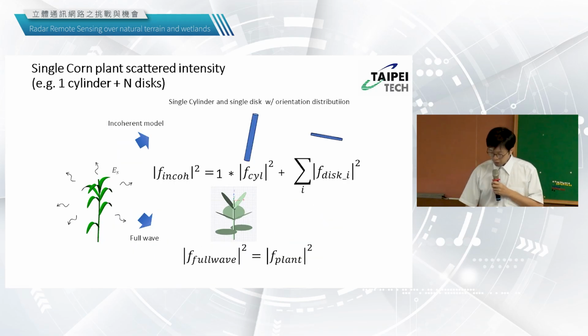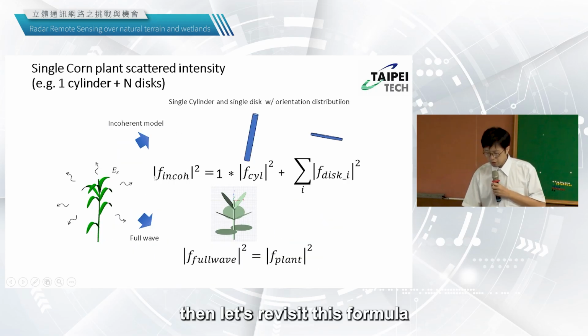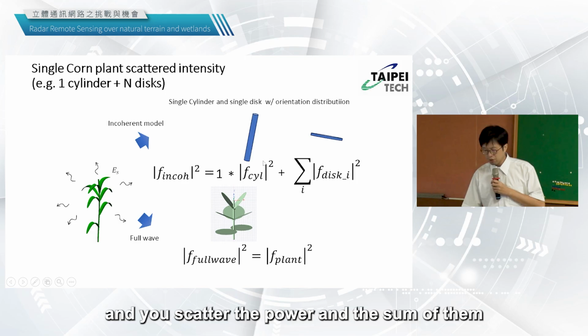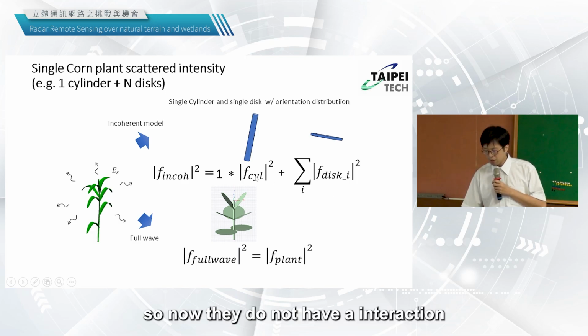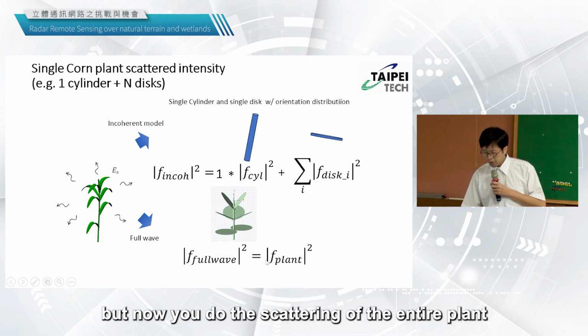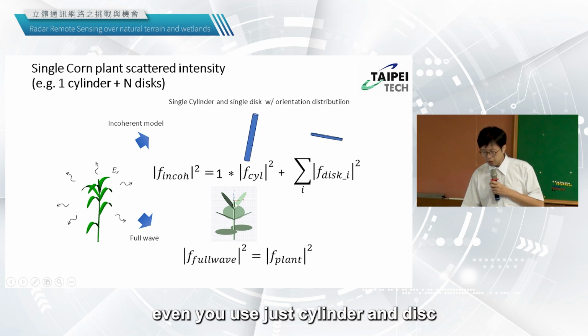So let's revisit this formula. In the past, incoherent model, you did cylinders and disks individually, computed the scattered power, and summed them, so there was no interaction. But now you do the scattering of the entire plant, even if you use just cylinders and disks.